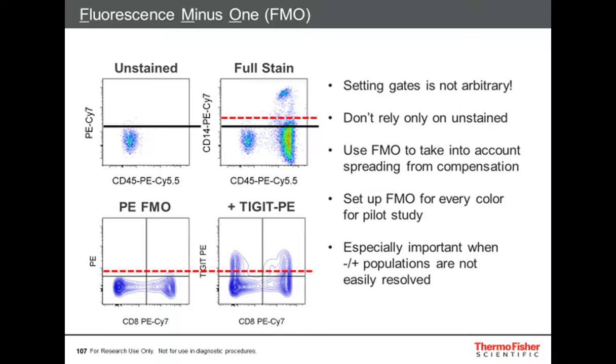And certainly people ask, how many FMOs do I need to run for every experiment? So what I do is, if I'm doing a 14 color experiment, I'm going to do 14 FMOs with that first experiment.